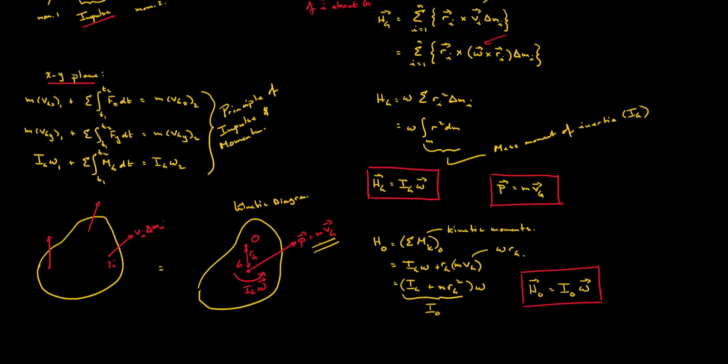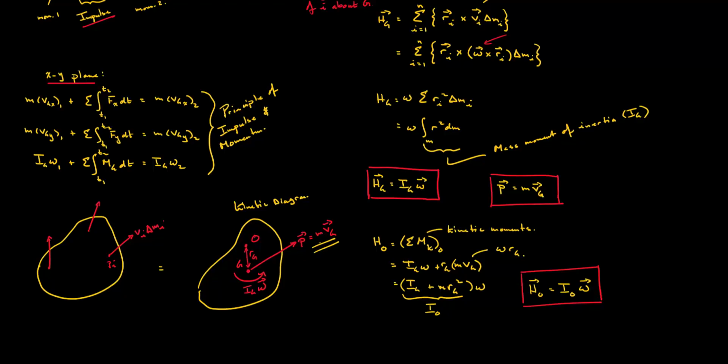Okay, so let's recap what we did. We reintroduced the concept of the principle of impulse and momentum. We performed a quick derivation to show that this is not a new fundamental law of motion, but rather it is an integrated form of Newton's second law.